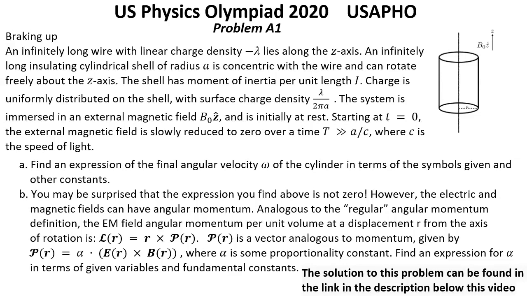P is a vector analogous to momentum, given by P equals alpha multiplied by the cross product of the electric field and the magnetic field, where alpha is some proportionality constant. Find an expression for alpha in terms of the given variables and fundamental constants.